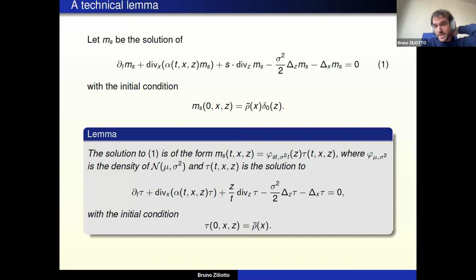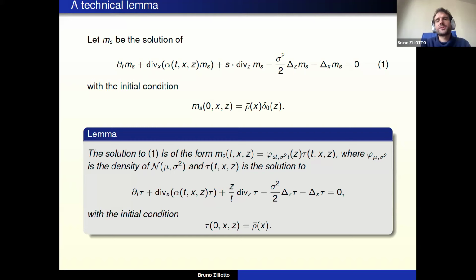Basically, the lemma says that the dependence of m^s in s can just be put as a product between this term phi and some functions that only depend on t, x, and z, so not on s. And this phi is just the density of the normal law of mean st and variance sigma square t.